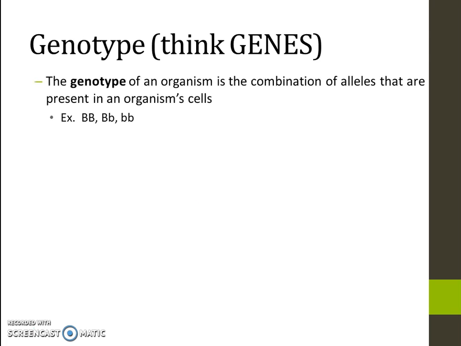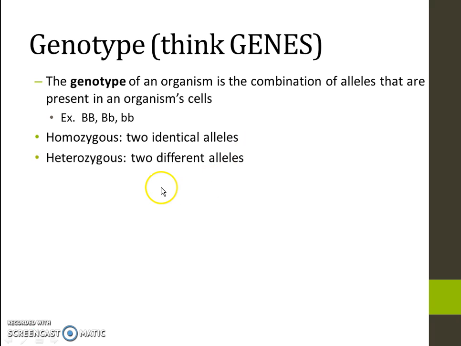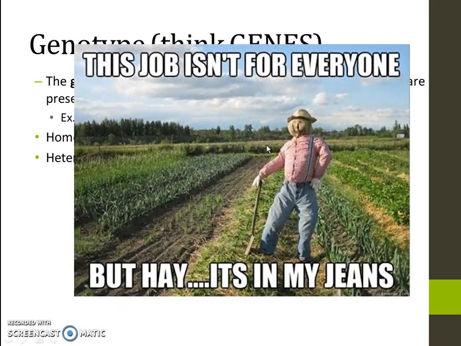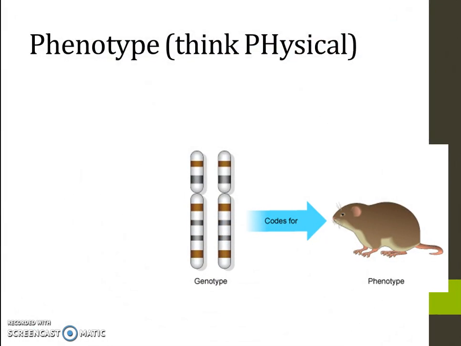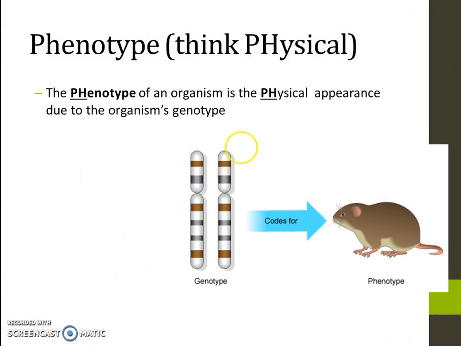So, another example, the genotype of an organism is the combination of alleles that are present. So here are a few examples. If your allele, we're using a B to represent that, here are your three possible genotypes for that trait. So again, homozygous, two identical alleles. Heterozygous, there's two different alleles. One dominant, one recessive. Phenotype, again, think physical.